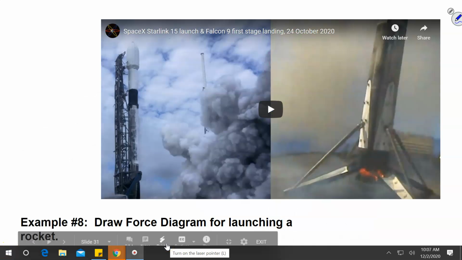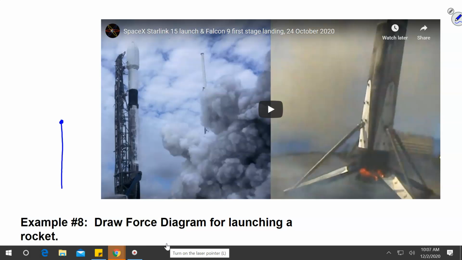So this would be an example of a rocket being launched. It's by SpaceX. This rocket has force gravity acting on it as it's being launched, and you see the explosion of the gases. That explosion is what we call force thrust, of those gases pushing on there, which causes the rocket to propel forward.